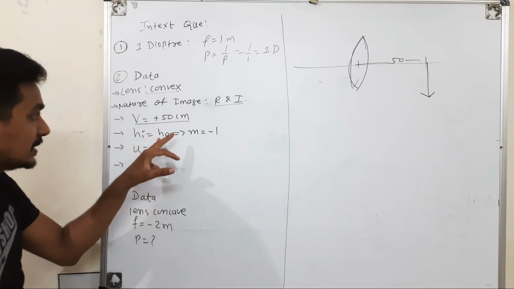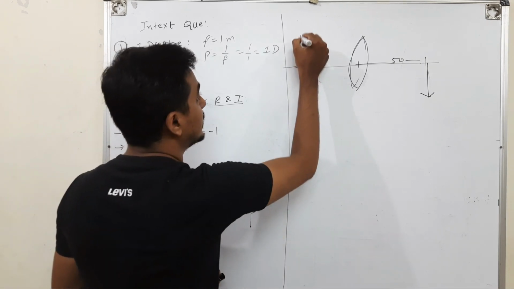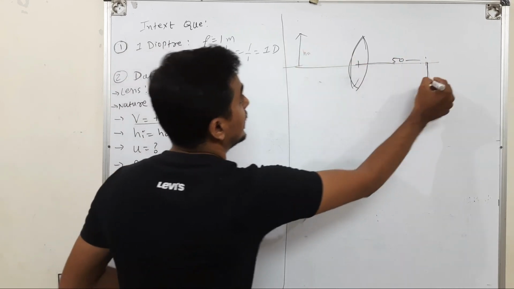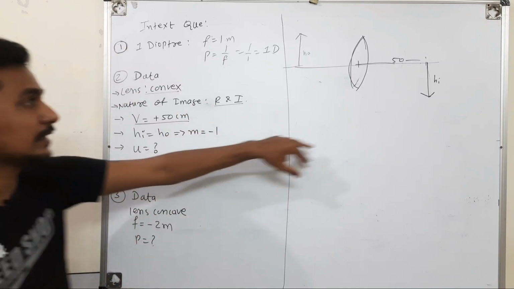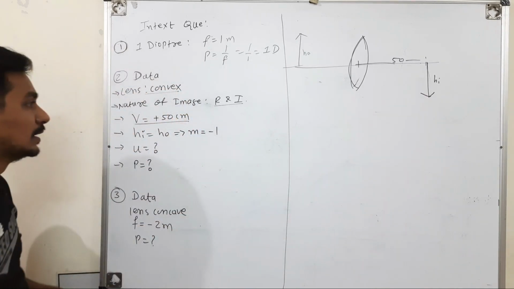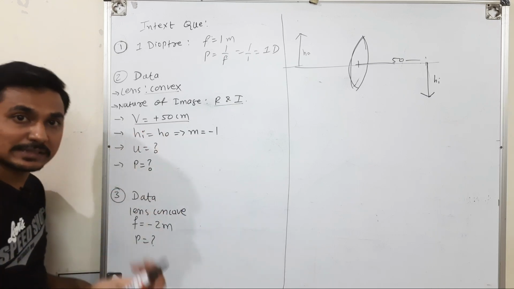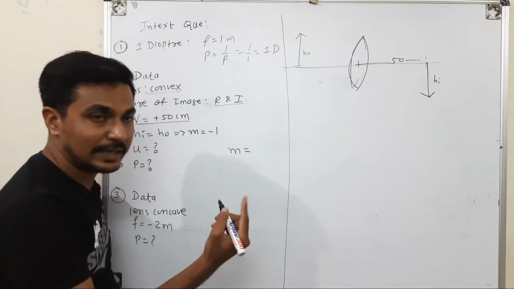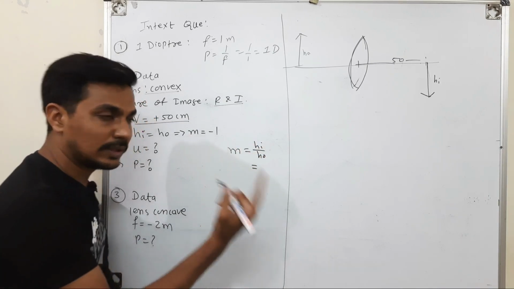So if the image is real and inverted, then this is our object, whose heights HO and HI are the same. So when the heights are the same, the ratio of their heights, HI by HO, is 1.